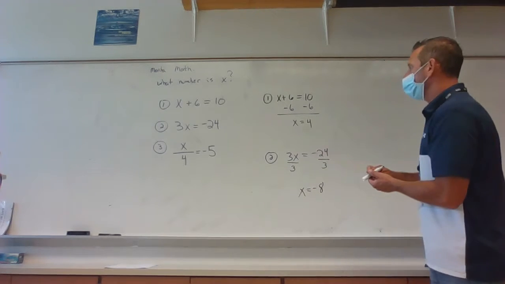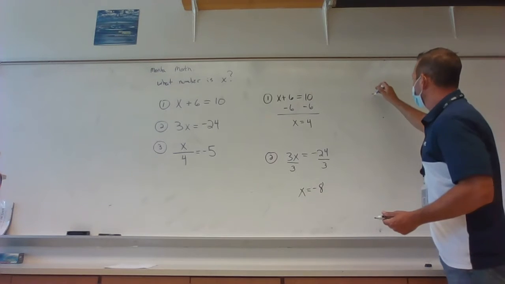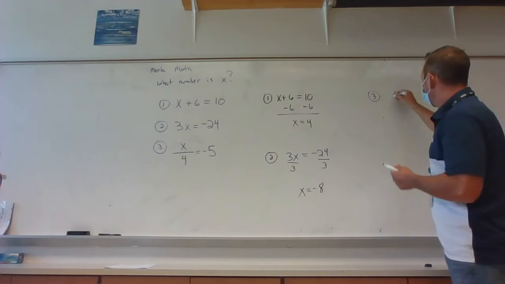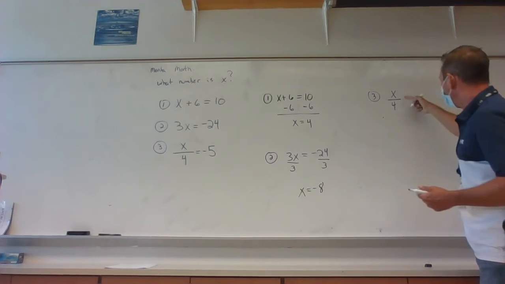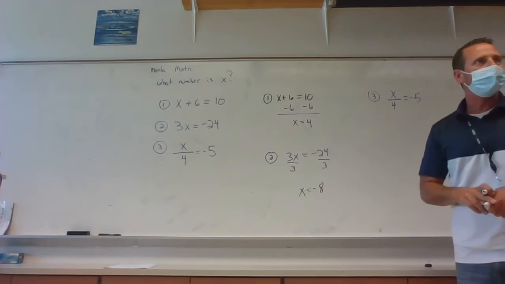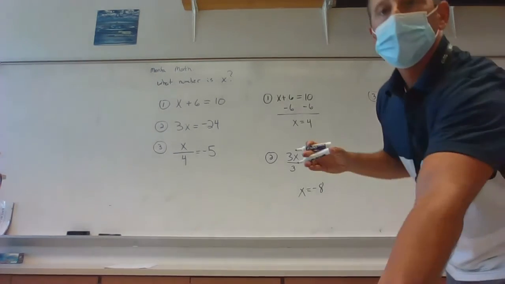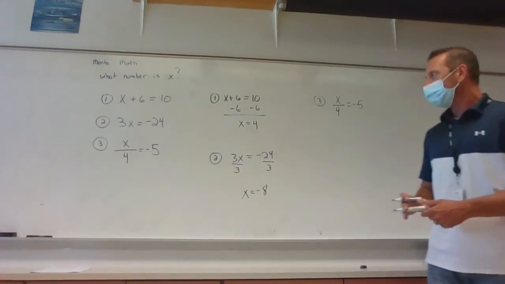Okay? Now we'll do number 3. This is X over 4. What operation is this? Division. What's the opposite of division? The inverse operation of division is multiplication.